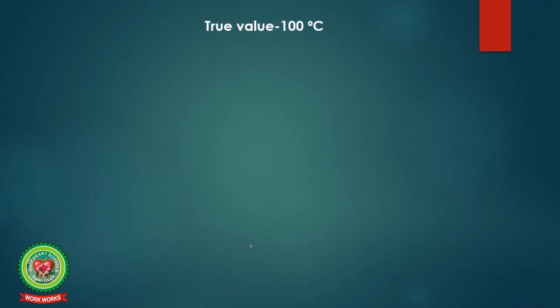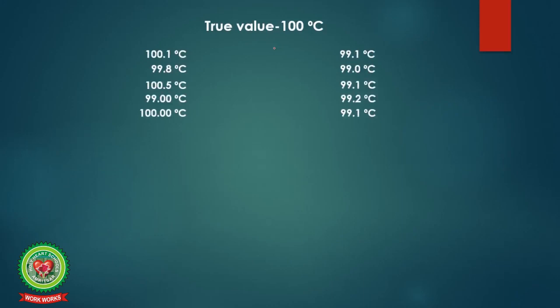Okay, let's take another example. We know that the boiling point of water is 100 degrees Celsius. If I measure the boiling point of water with two different thermometers, thermometer A and thermometer B, the first gives me 100.1, 99.8, 100.5, 99 and 100.0 degrees Celsius. If you see carefully, these values are very close to the true value.